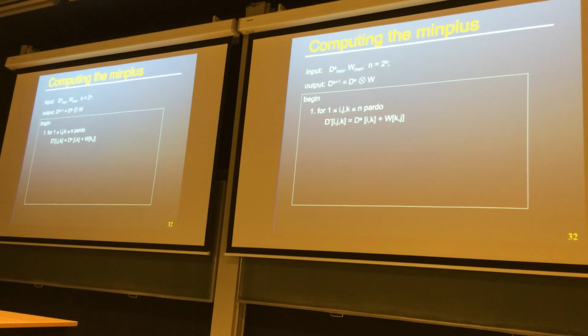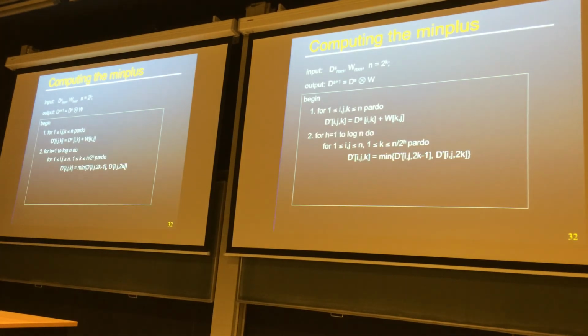Now, it's quite simple to use a prefix computation to reduce all these entries to D prime ij1, where in this special cell the minimum over all these sums is stored. And that you, of course, can use in your matrix.